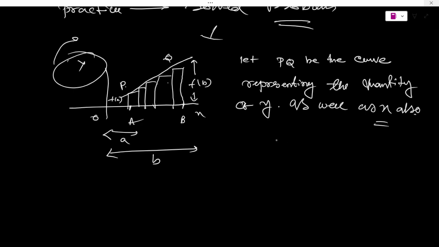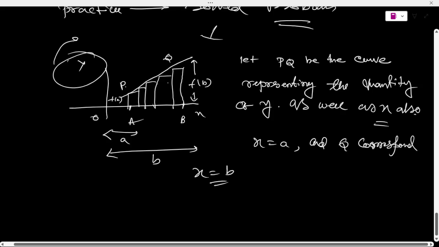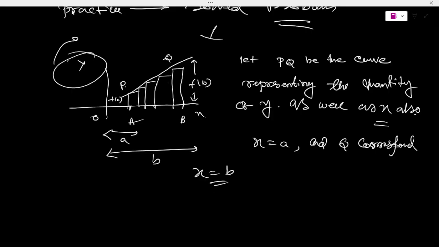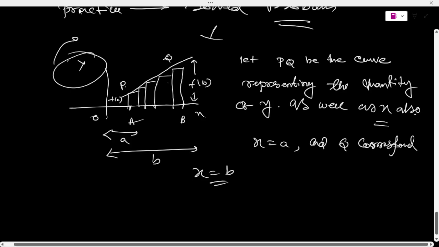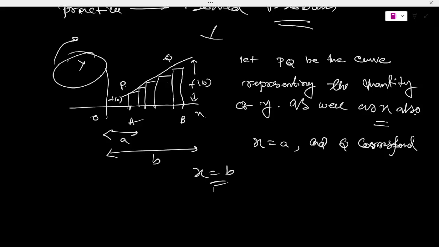P corresponds to X is equal to A, and Q corresponds to X is equal to B. Draw the perpendiculars from P and Q on the x-axis, cutting it at A and B respectively.